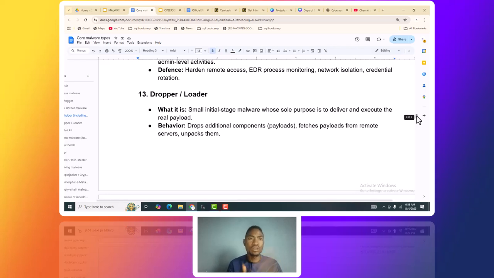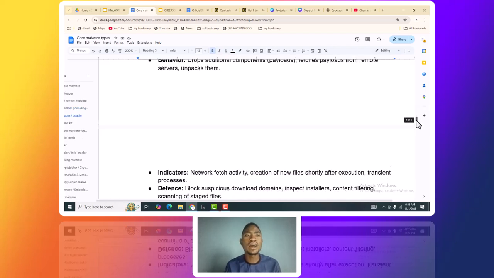So it's a small part. Some of the behaviors of a loader or dropper are that it drops additional components like the payload, or even fetches the payload from a remote server and unpacks it on our devices. These are some of the handiwork of a dropper or loader.